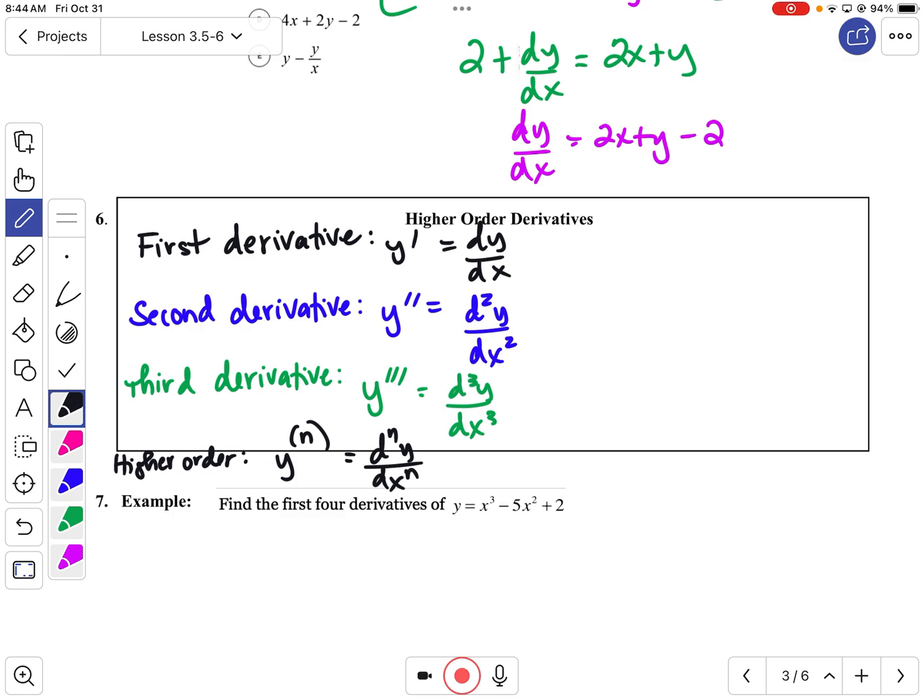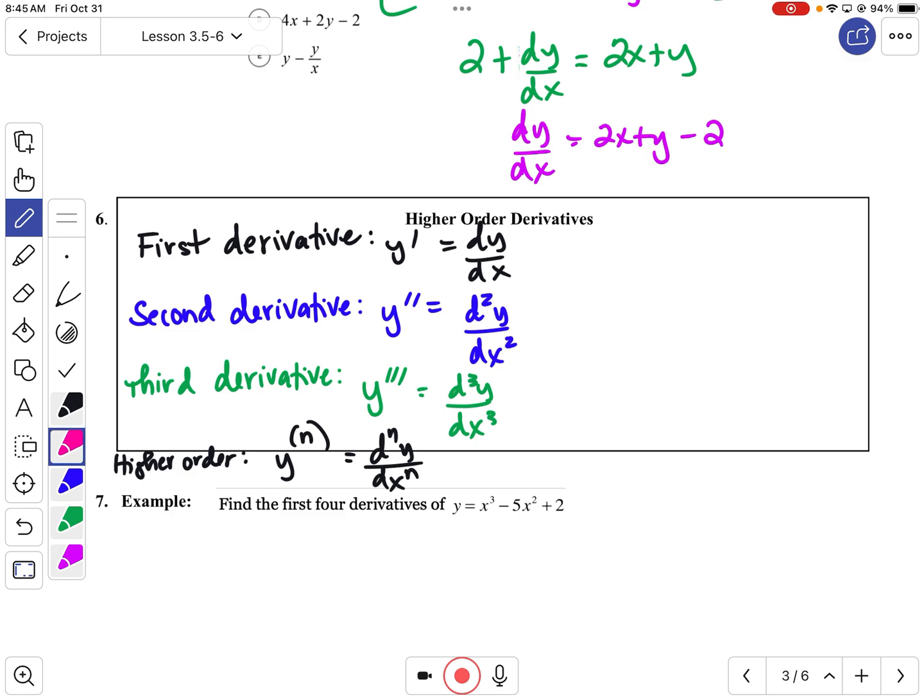Now, just thinking about what we know about derivatives and some of the oopses you saw me do this week, how do you think we go from the first derivative to the second derivative? Any thoughts? We take the derivative of the derivative. We just continue to take the derivative of the previous answer.